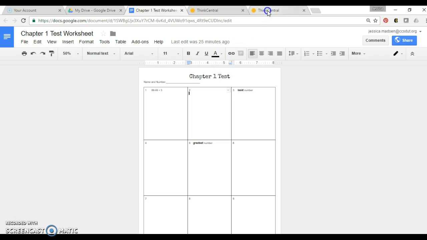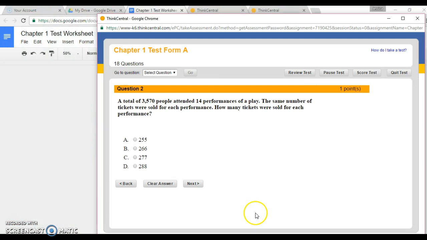Here's why. Let's say you're doing the problem here and you get your answer and you circle it and you go back here and you click your answer and you move on. Well, when you go to score tests, you end up having number 2 incorrect. And you look at it and you're like, hey, wait a minute.